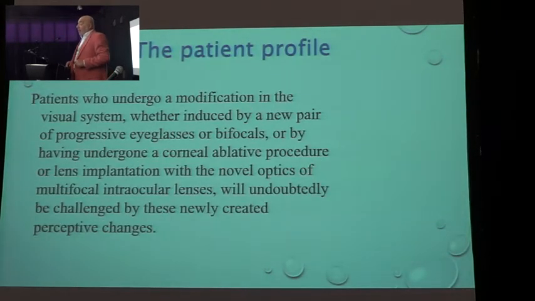The patient profile: if you have a patient wearing bifocal spectacle lenses, this is not a very good patient for presbyopic refractive surgery or whatnot, because they are so used to having two sharp images, one for near and one for distance.